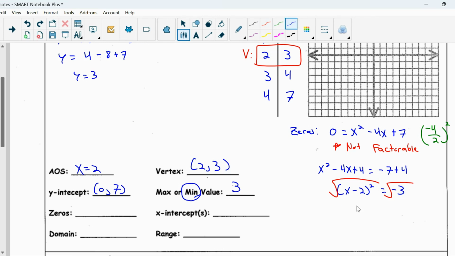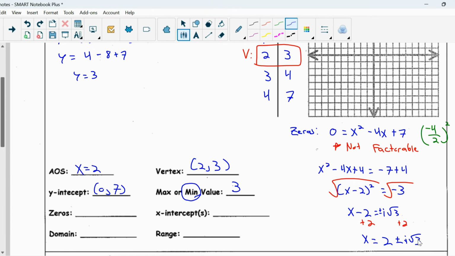That'll leave us with x minus 2 equals the square root of negative 3, which becomes an imaginary number. Remember, whenever you take the square root, you have plus or minus. Then let's add 2 to both sides. That leaves us with x equals 2 plus or minus i square root of 3.